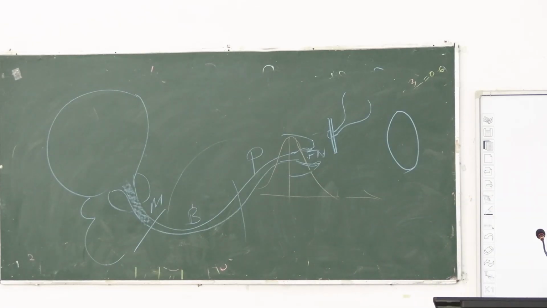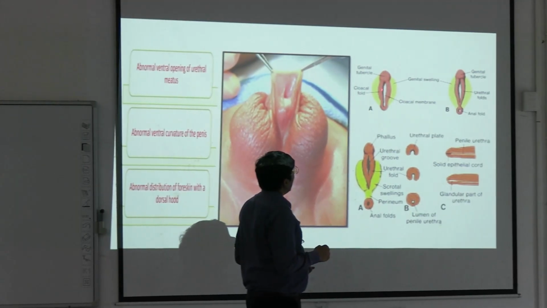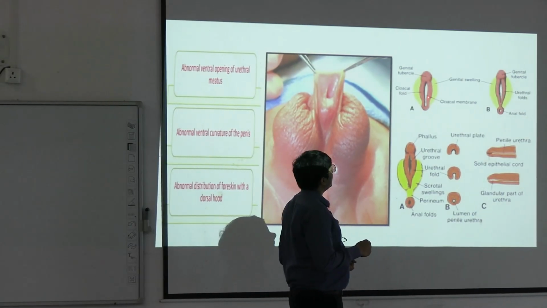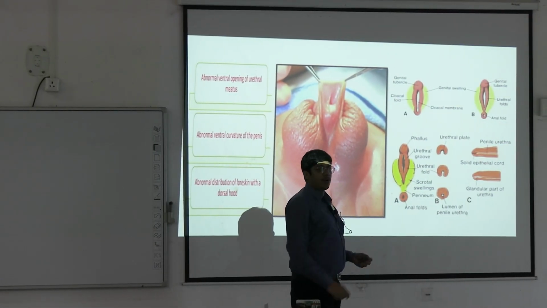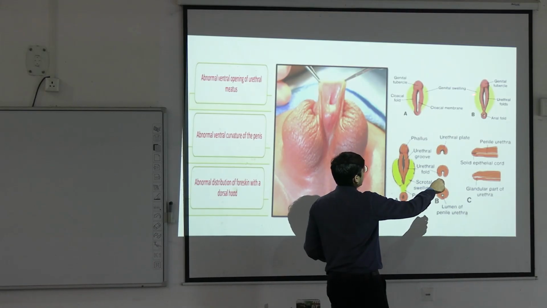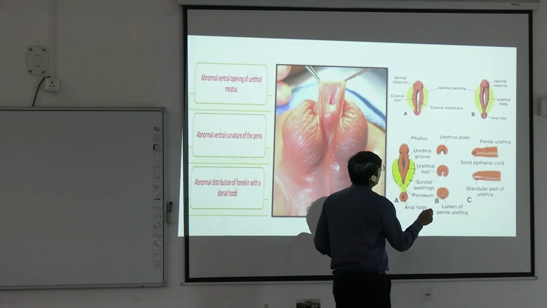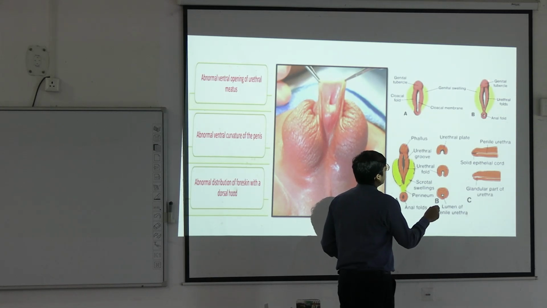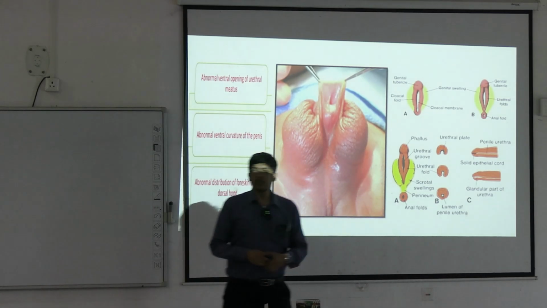This cloacal opening is surrounded by a cloacal fold on either side and a genital fold just outside. You see the two color marks, the genital fold and the urethral fold, and on the anterior part of this fold there is a tubercle called the genital tubercle.